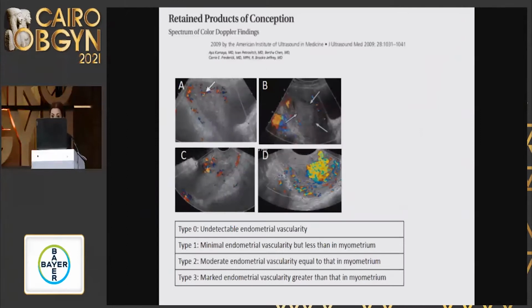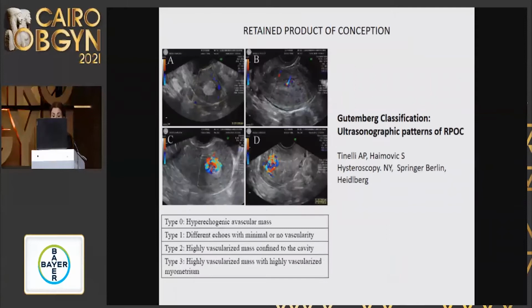Kamaya in 2009 described the first classification, focused on vascularity of endometrium and myometrium, from type 0 without endometrial vascularity to type 3 with a marked endometrial vascularity greater than in myometrium. The Gutenberg classification incorporated into the ultrasound the evaluation of vascularity and echogenicity of the tissue.